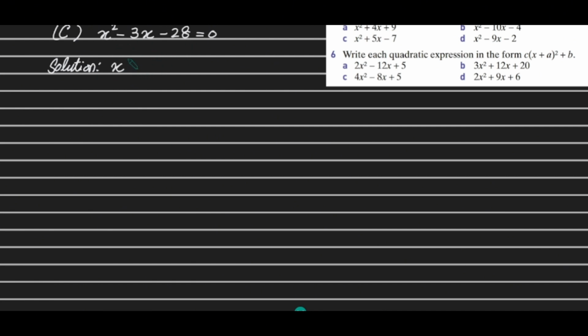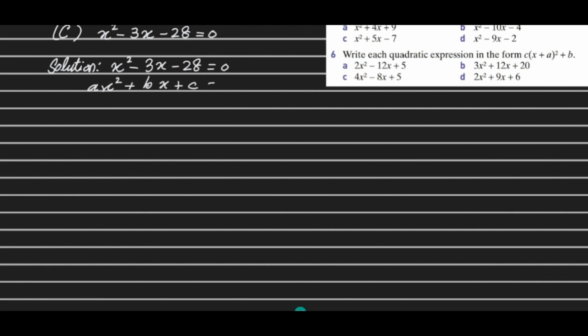We write x square minus 3x minus 28. If we compare, here a is 1, b is minus 3, c is minus 28, as in ax square plus bx plus c.